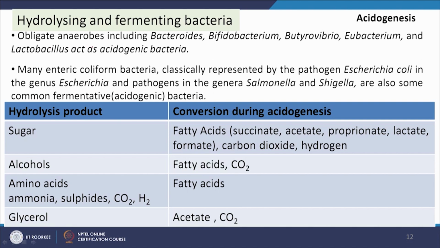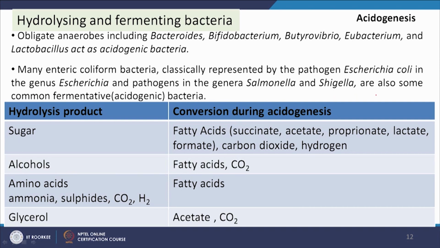And obligate anaerobes including Bacteroides, Bifidobacterium, Butyrivibrio, Eubacterium and Lactobacillus act as acetogenic bacteria. Many enteric coliform bacteria classically represented by the pathogen Escherichia coli in the genus Escherichia and pathogens in the genera Salmonella and Shigella are also some common fermentative or acetogenic bacteria.